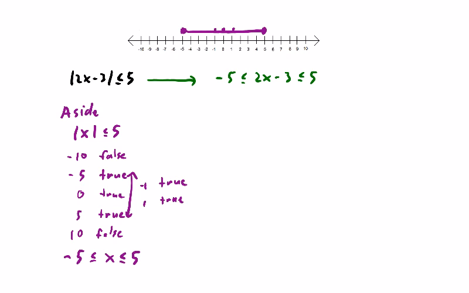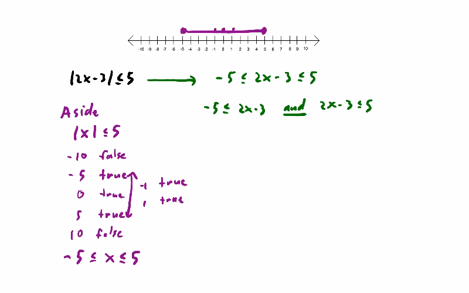Now it gets awkward to have two inequalities in the same problem. So here's where a logic statement comes in. We would say that -5 must be less than or equal to 2x minus 3. And since it has to be between -5 and 5, we could also say that 2x minus 3 must be less than or equal to 5.